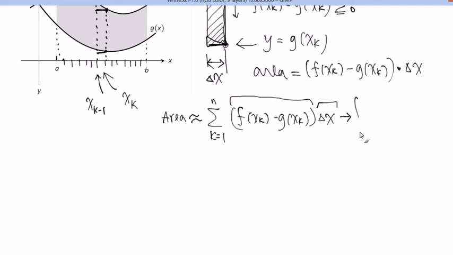Which integral? This whole interval from a to b, and that delta x becomes a dx, right? Everything that is in front of delta x in terms of xk changes to in terms of x. So here's f of x minus g of x. Find an antiderivative of f of x minus g of x. Plug in b and a. That's the area in between the two curves.